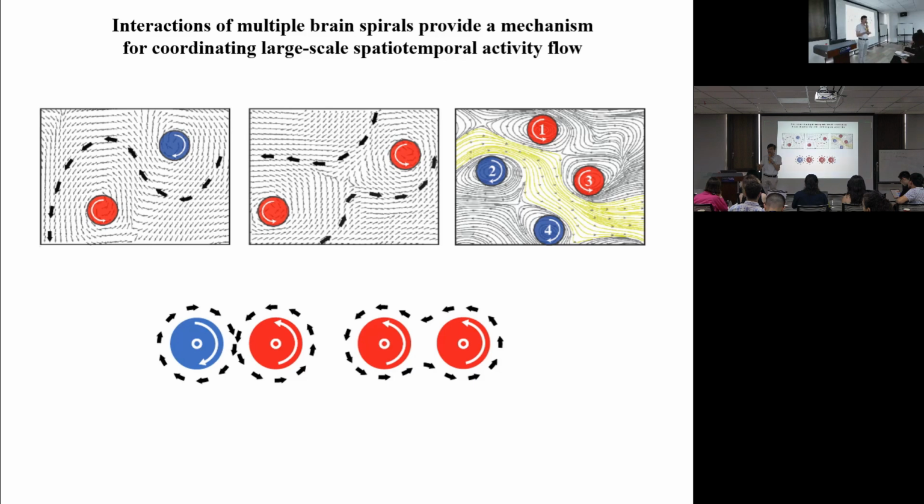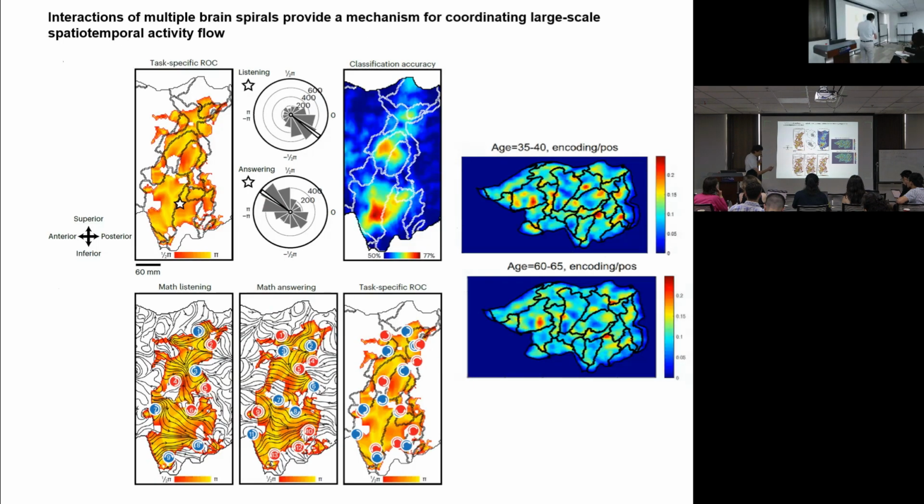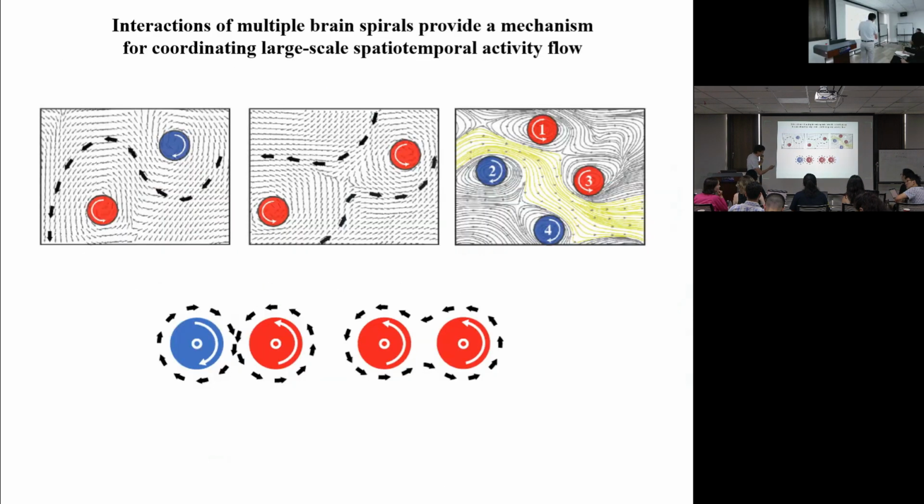This is a very active research field in optics, where people are trying to design new computing devices based on spiral waves. And as you see, this is just pairwise interactions, but we have many interactions of many spirals that can be used to organize this large-scale flow of activity.